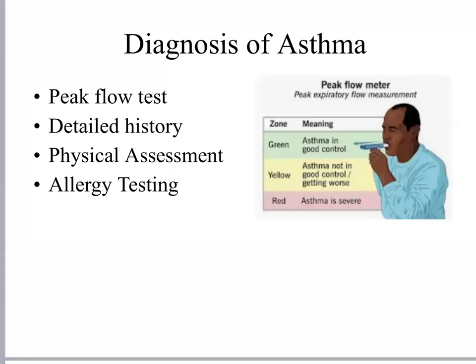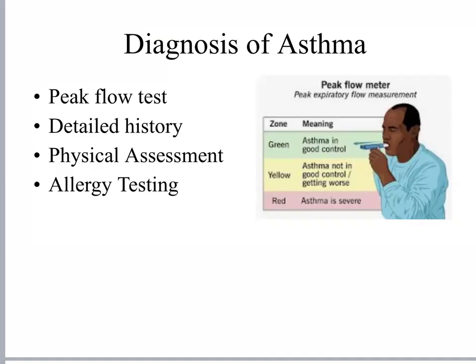What a peak flow meter is: somebody will take a deep breath, and then you have them blow out as hard and as fast as they can. And as they exhale forcefully, it moves this little gauge up a meter. And there's a calculation, you can look it up if you're curious. It's based on weight, height, ethnicity, and sex, and so it corresponds to what your peak flow should be. And that will tell you a lot about somebody's control of their asthma.